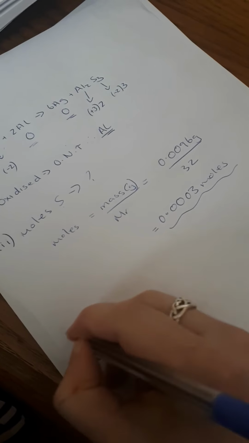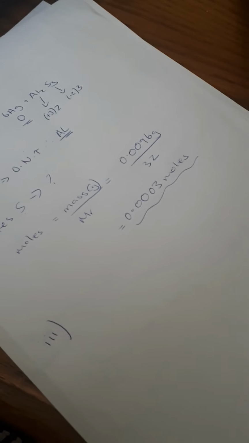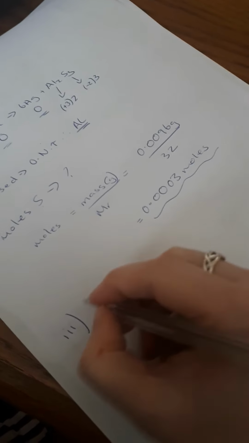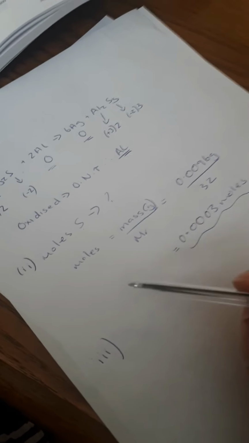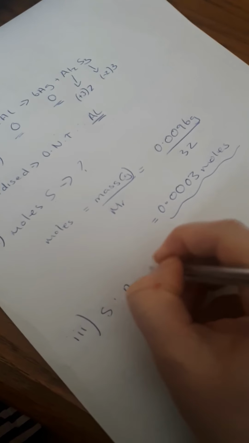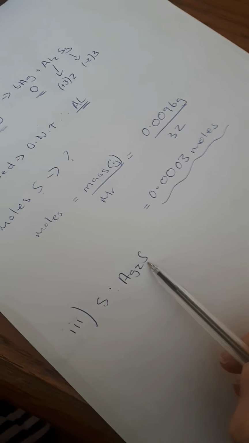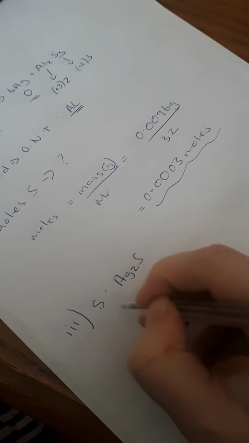The third part then, and I think this is where most people had the problem, is what mass of aluminium was used in the reaction. What I have is the number of moles of sulfur removed. If I look at every molecule of my silver sulfide, I have 1 sulfur in each one of those, so my ratio is 1:1.